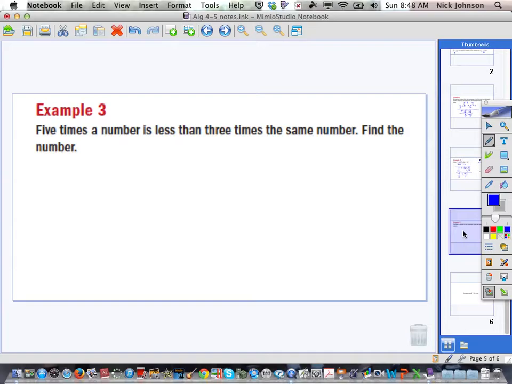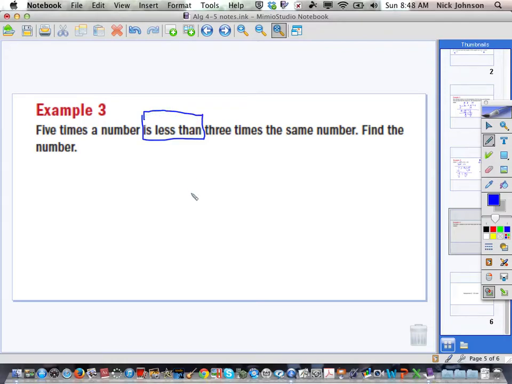Last example. Example 3 says, 5 times a number is less than 3 times the same number. So I want to show you what sticks out to me. Is less than. And I'm going to make this little box around it.